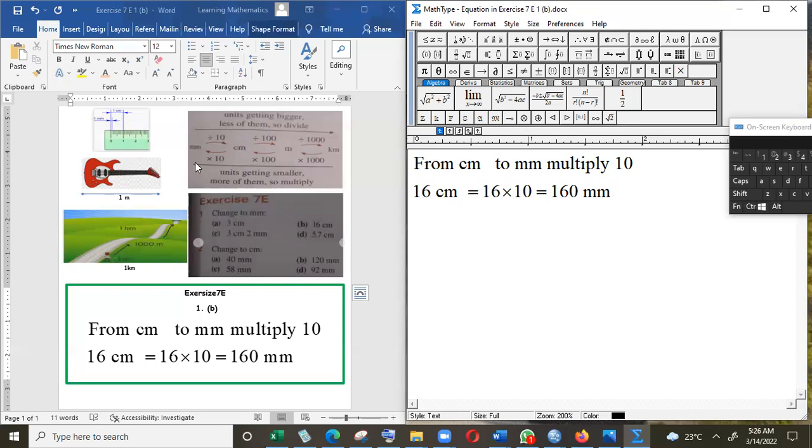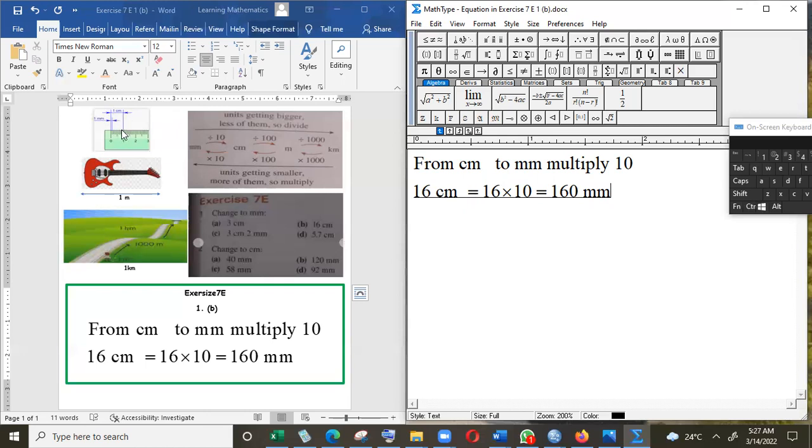Please take a careful look at the diagram. As you can see, when you are going from bigger to smaller, you multiply. Centimeters is bigger than millimeters, so we need more millimeters to make up the centimeters. Remember, 1 centimeter is 10 millimeters.